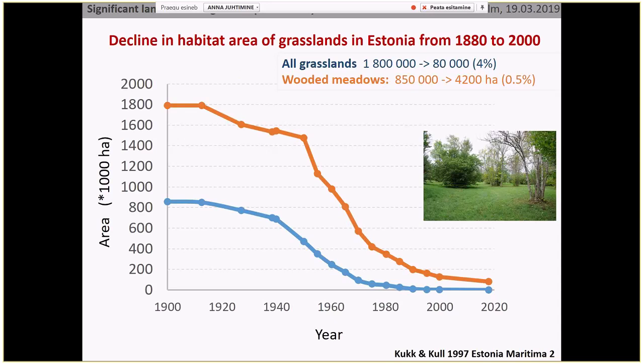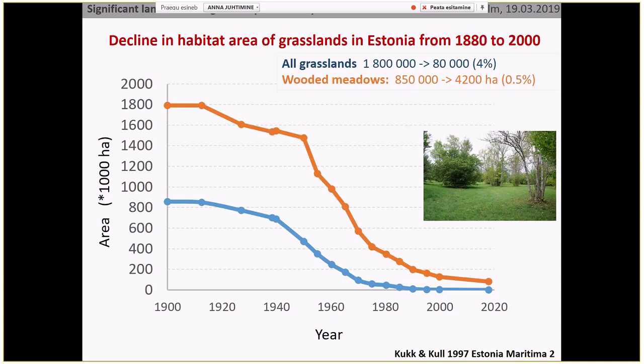As you know, in all European countries, the trend is that semi-natural grasslands, which harbor a large part of our biodiversity, have considerably declined. This is the decline of habitat area of semi-natural grasslands in Estonia.